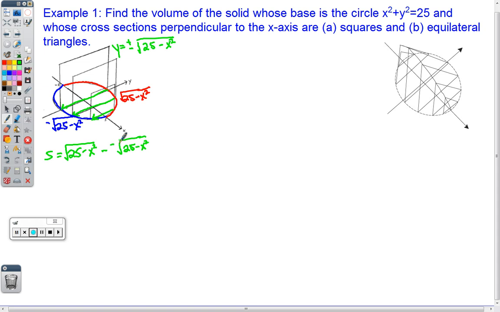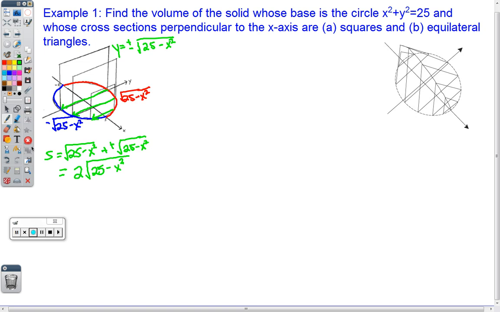Minus minus becomes plus plus, which is 2 times the square root of 25 minus x squared. Okay? So that's one side.